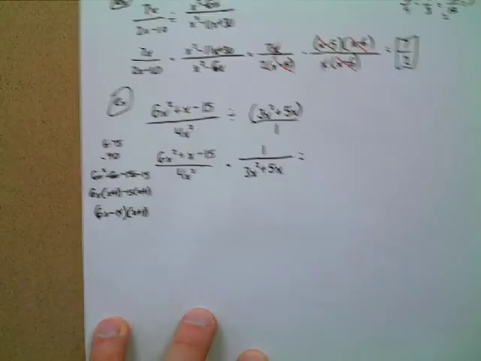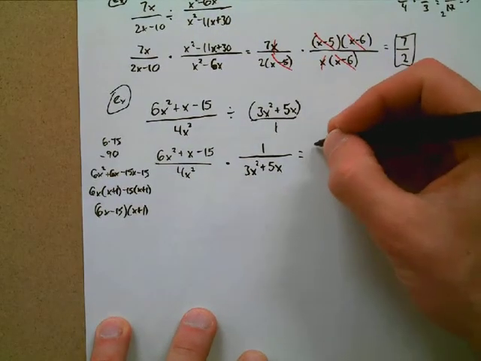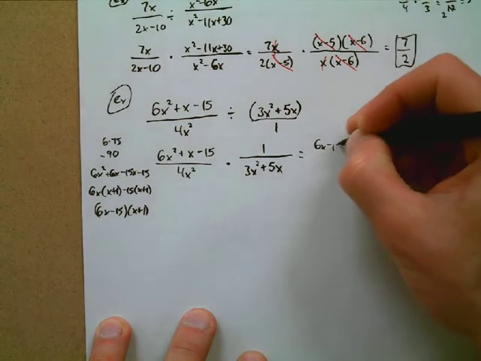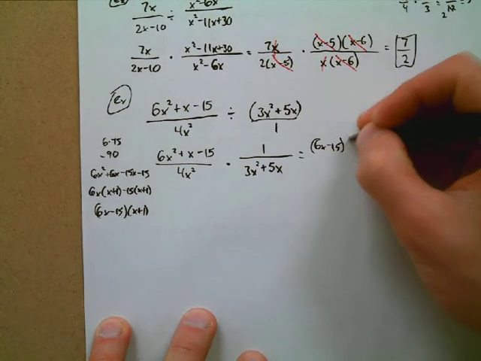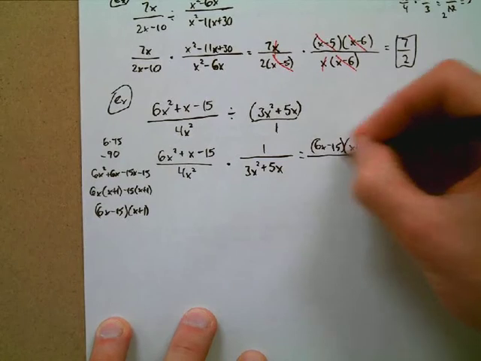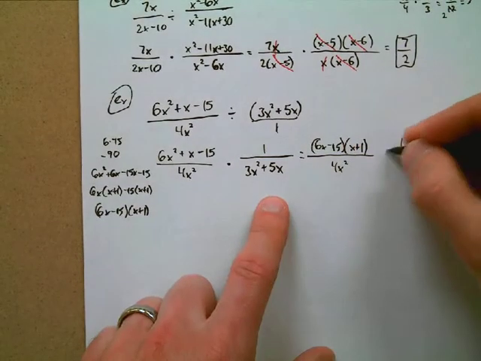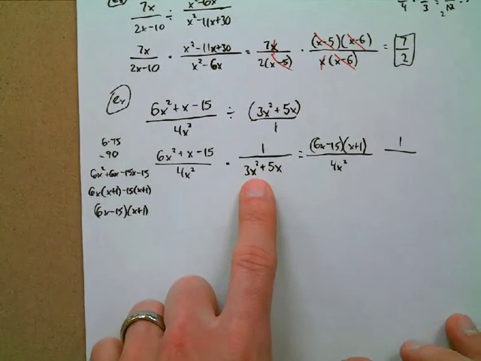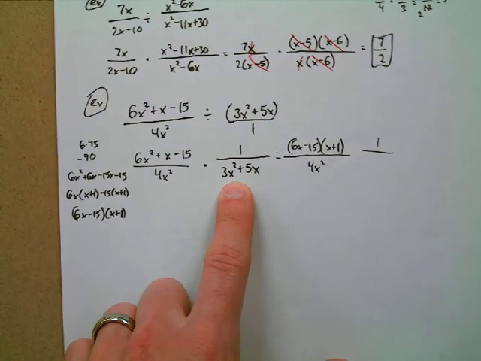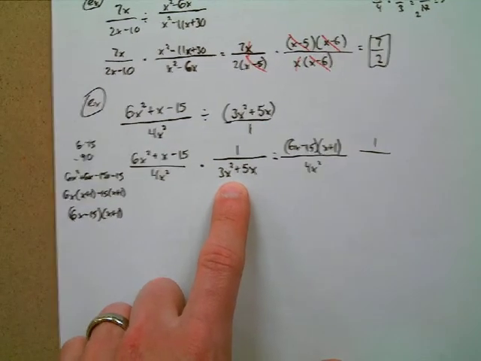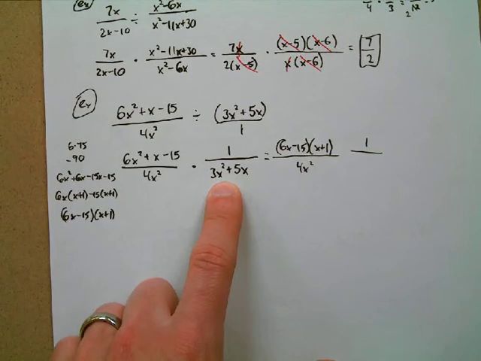And then we'll have the 1 there. And then 3x squared plus 5x, what can we take out from the 3x squared plus 5x? Okay, we can take out a what? A 3 and an x?